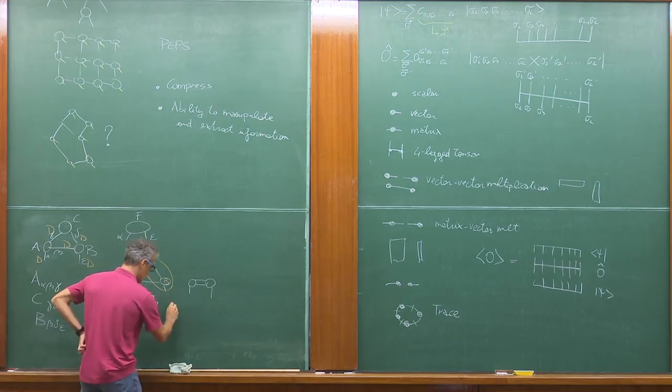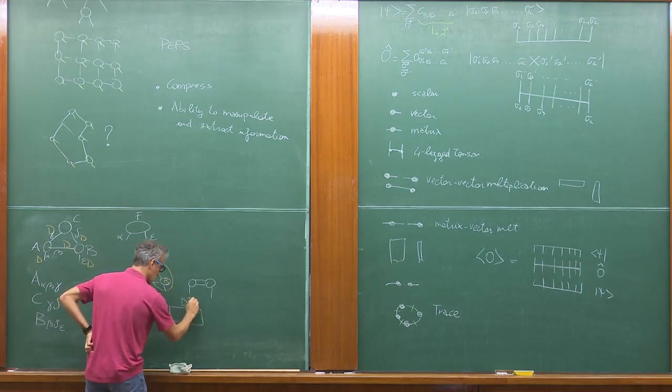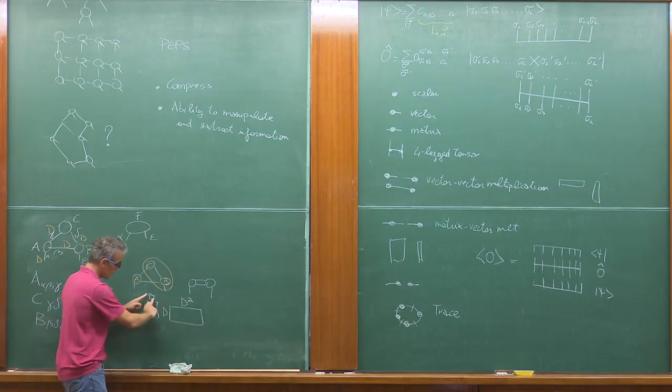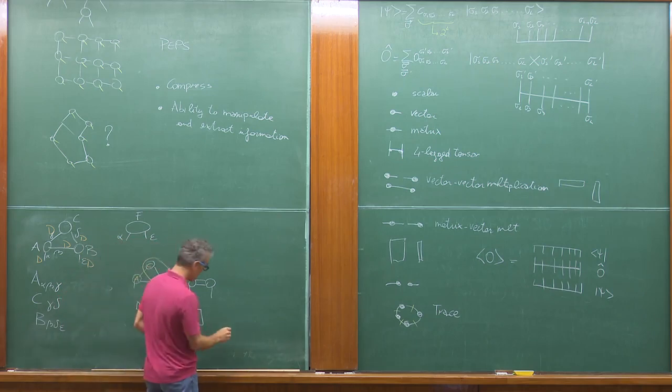So I will have something like this with dimension D here and D squared here. Correct? So then, how many operations do I need to do? The multiplication in the middle requires D operations.